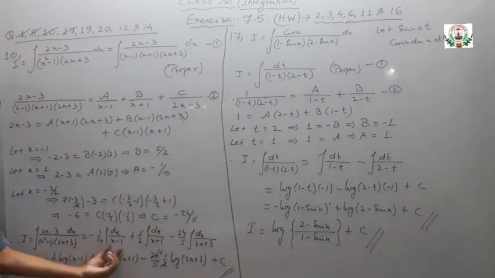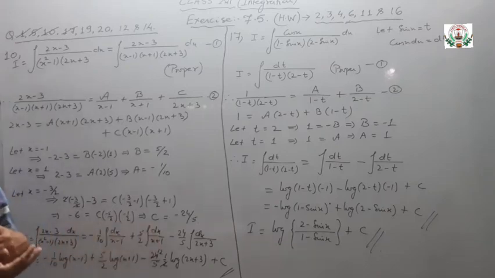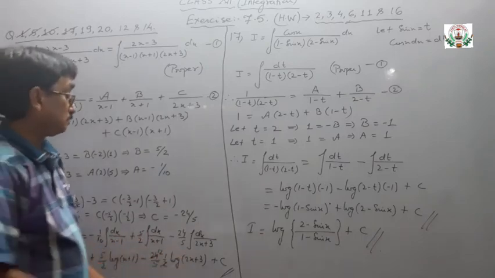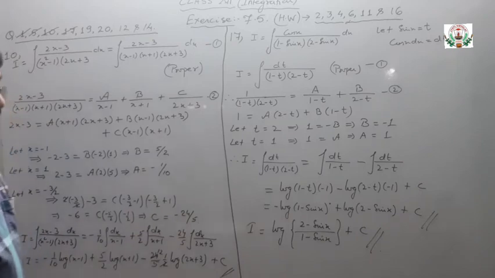For x minus 1, if we take it as t, dx equals dt, and the integral is log t. Here also, x plus 1, if I consider it as t, gives log of x plus 1. Now just listen carefully here for the 2x plus 3.